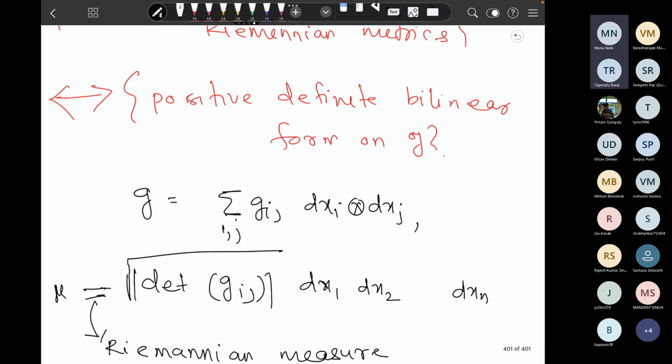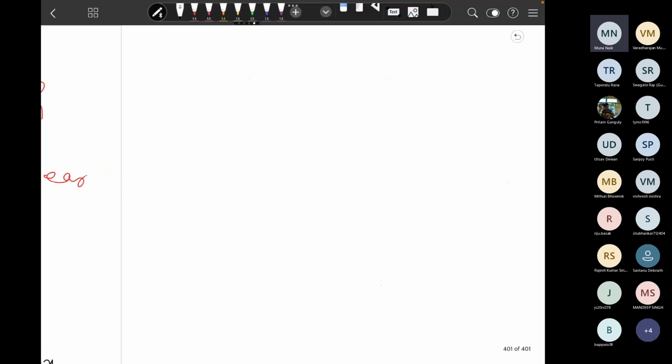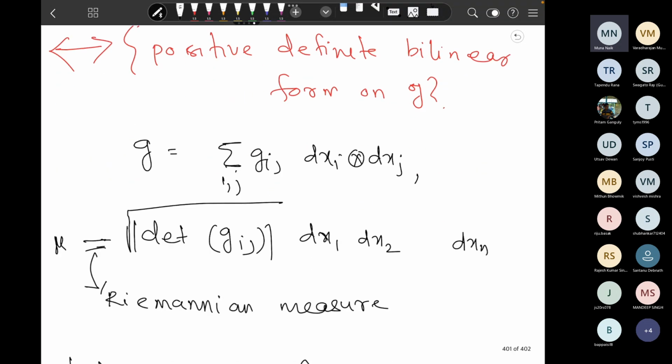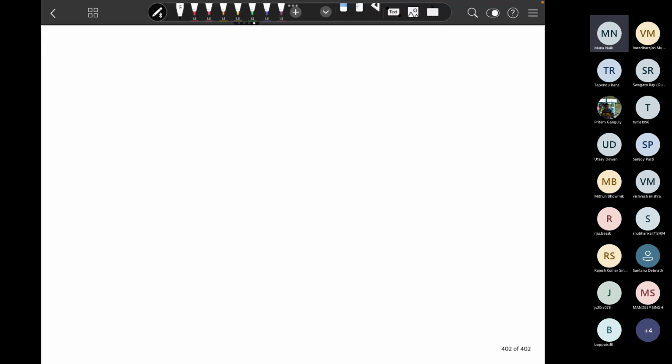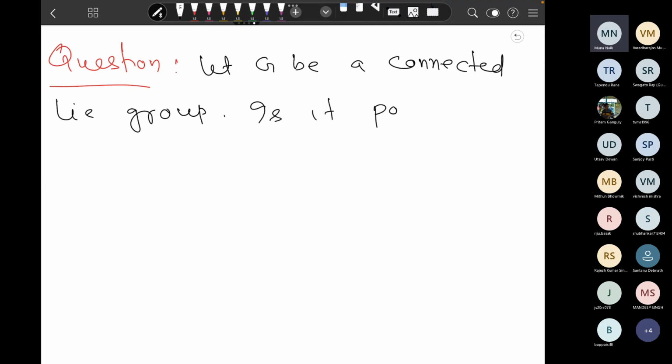Yes, ma'am. So there are certain things in this Lie group setup. You usually get a Haar measure by producing a top order volume form like that. Now let us ask a question: let G be a connected Lie group, is it possible to get a bi-invariant Riemannian metric?